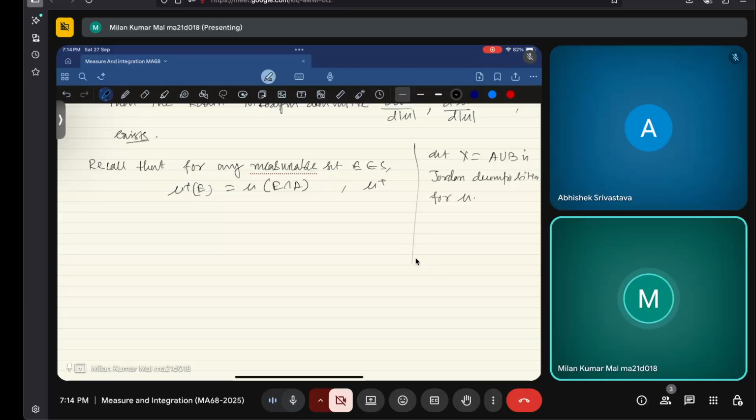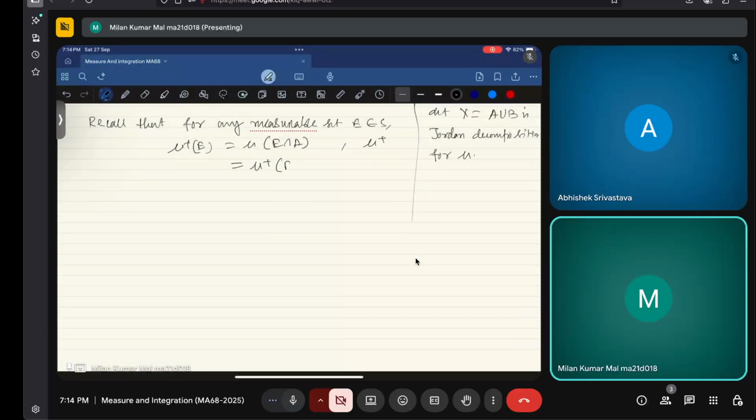Now, as A is positive, this can be written as mu plus of E intersection A. Why?